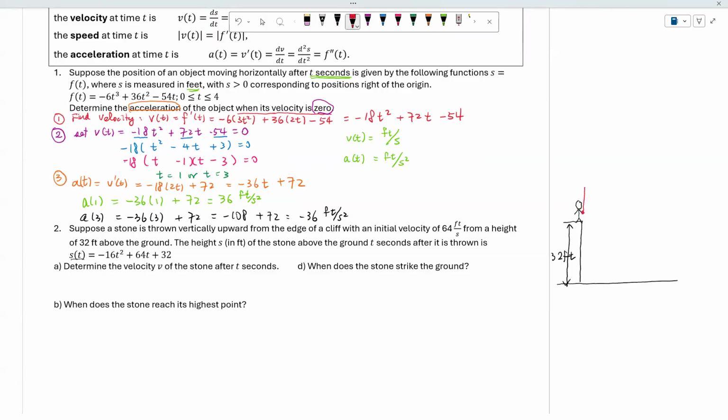We know that if you throw it upward, eventually the stone will go down and hit the ground. The speed at which you throw it is 64 feet per second. This will be the velocity. We call this the initial velocity, meaning when t goes to 0.